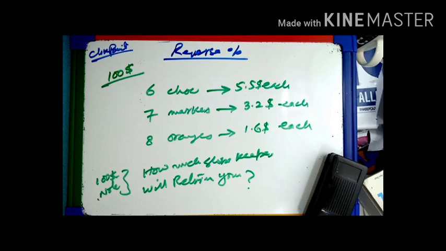Okay, so I have to add them all, then subtract from 100, then I get the change. Yes, how much change will you get from the shopkeeper before leaving the counter?